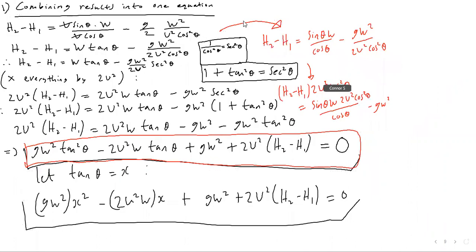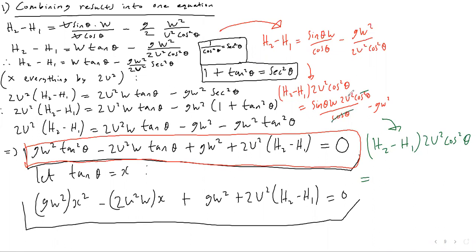So what you're going to get, and I'm now going to do this in green actually, just to be really clear, you're going to get h2 minus h1 times by 2u squared cos squared. So that's our left-hand side, is equal to, now this first fraction here. So notice you've got a cos squared over a cos there. So that cos will just cancel out with that cos there.